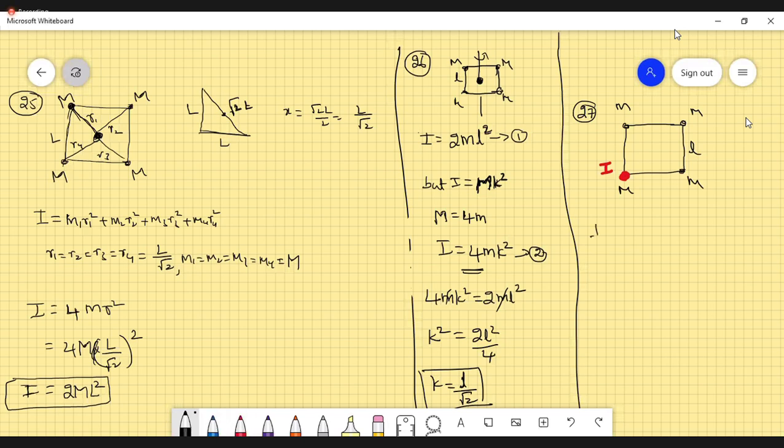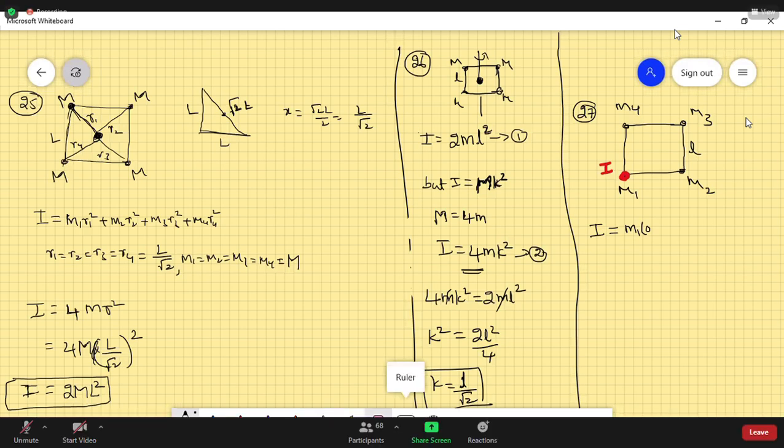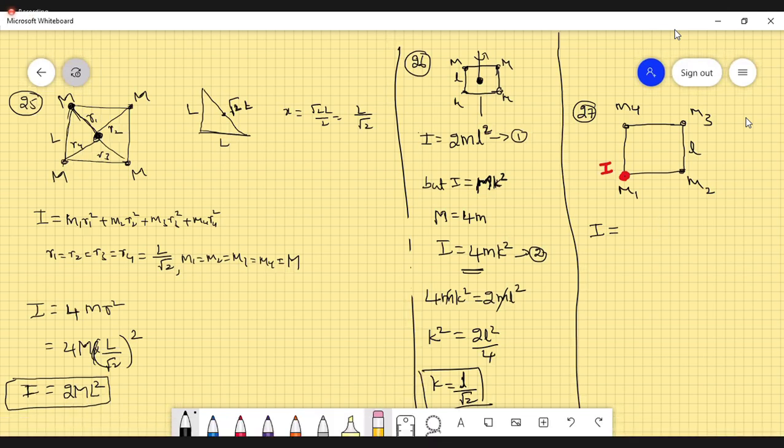Moment of inertia I equals m1 r1 square, plus m2 r2 square, plus m3 r3 square, plus m4 r4 square. Let us consider this is m1, m2, m3, m4. Here m1 into r1, r1 equals how much? Zero. So I is the same.